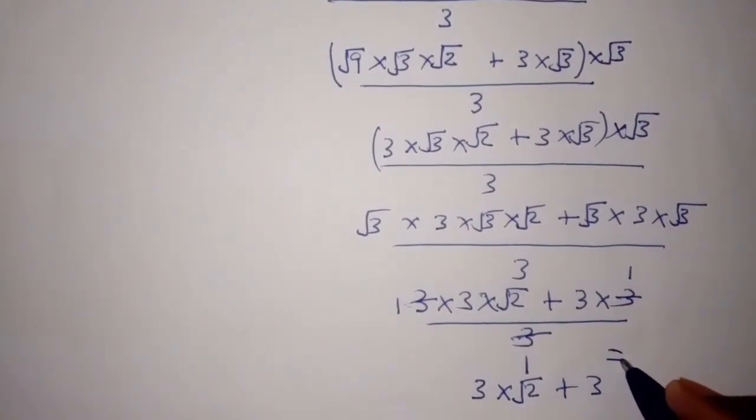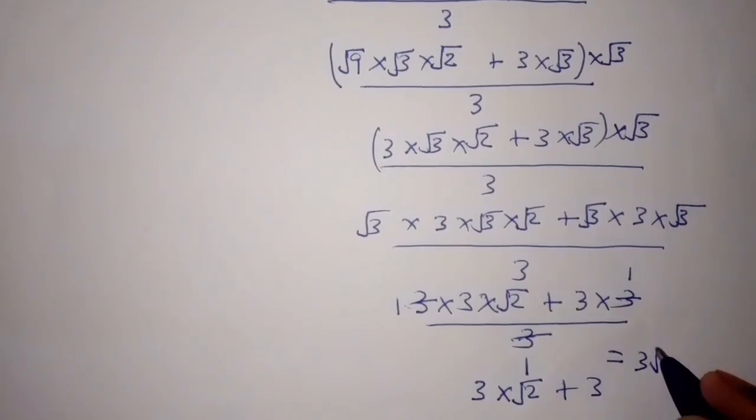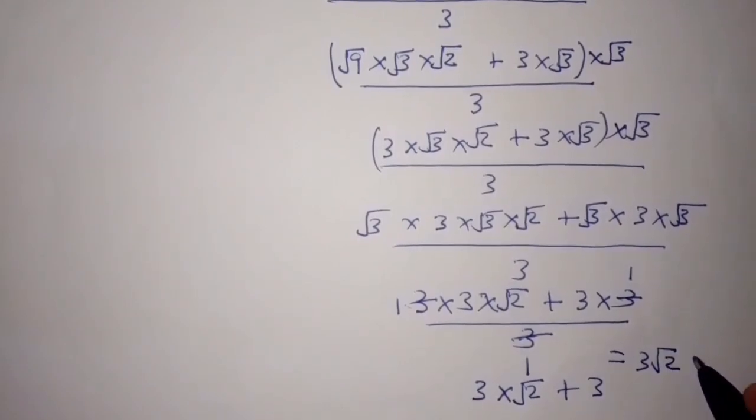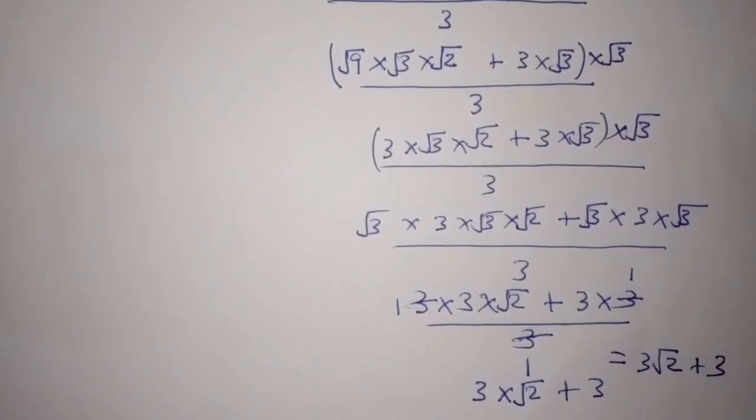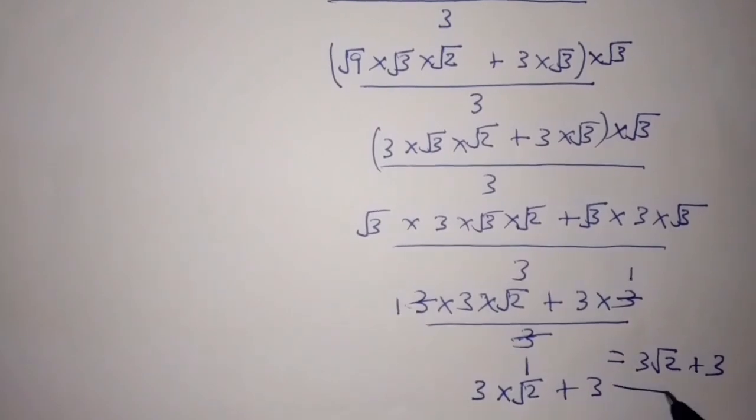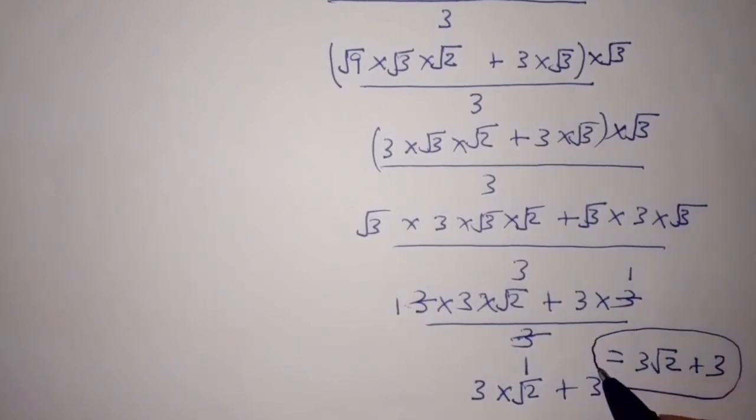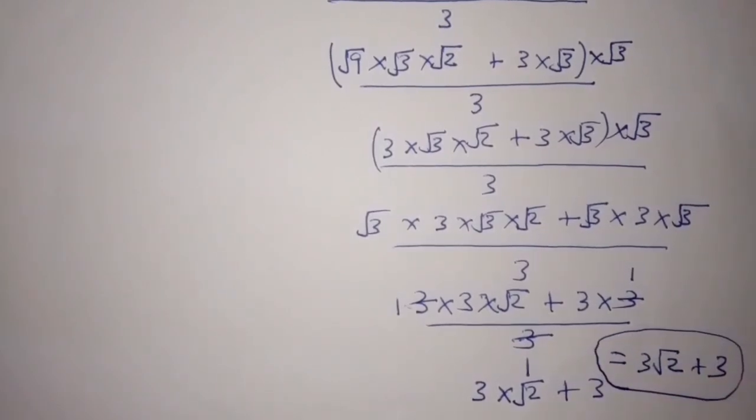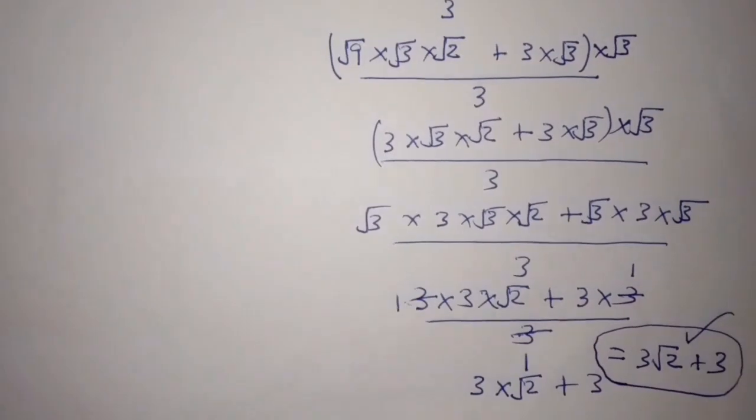And this is giving us 3 square root of 2 plus 3. So this is our final solution: 3 times square root of 2 plus 3.